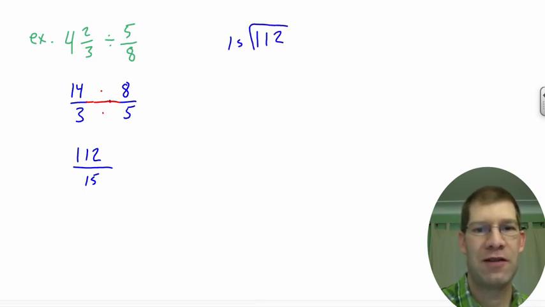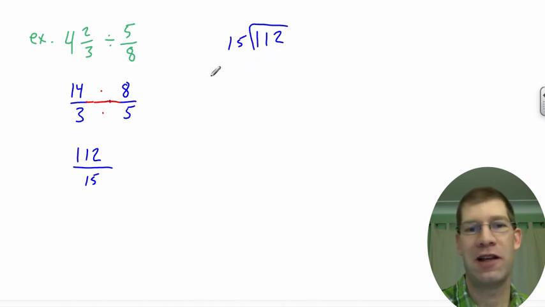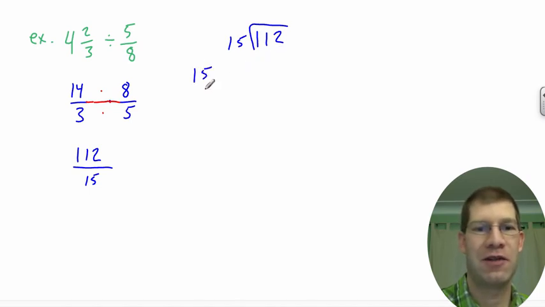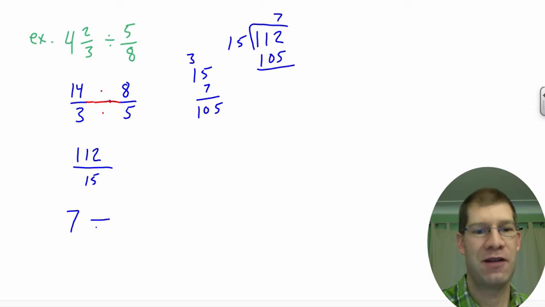The other way is to kind of do it the long way like this. And like I said, we saw that it was going to be a 7, or I did anyway, so we have 7 times 5 is 35, carry the 3, so now I have 7 plus 3 is 105. So if I do a 7 up there, what I just found is this is going to be 7 and some number of 15ths, because I can have 15 go into 112 7 times evenly.